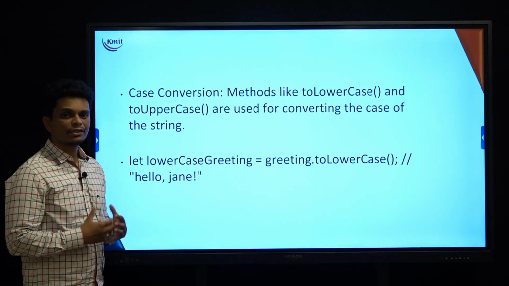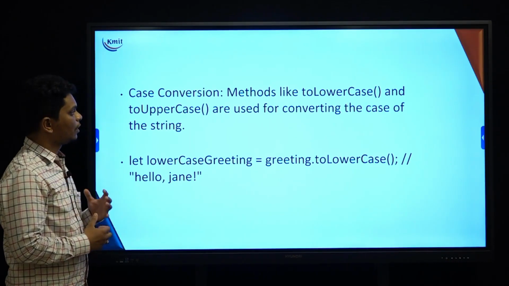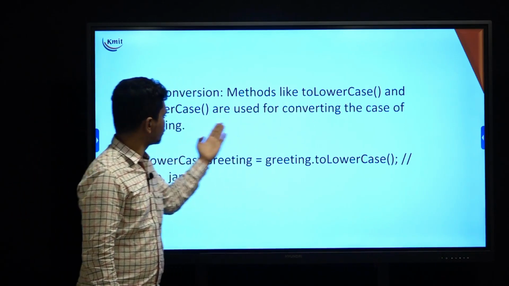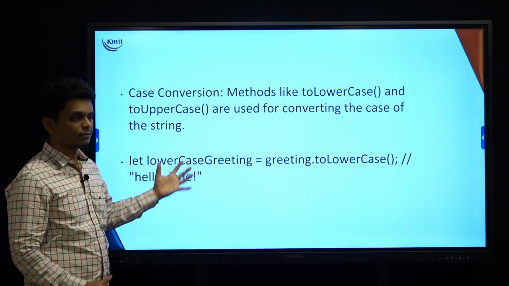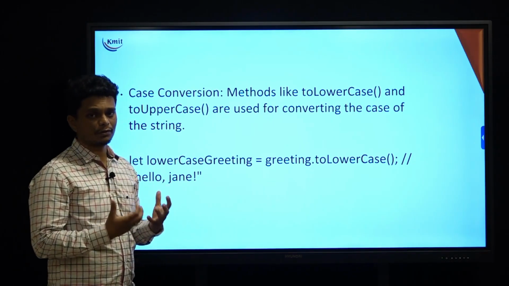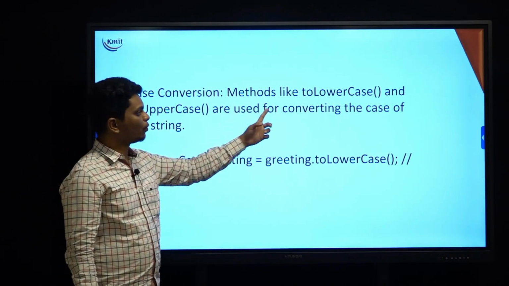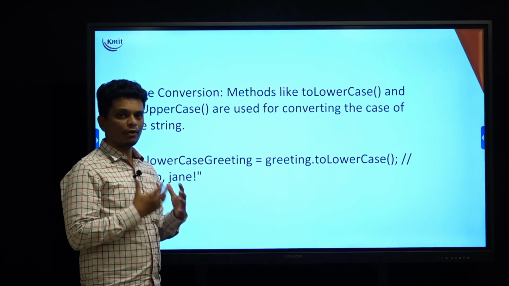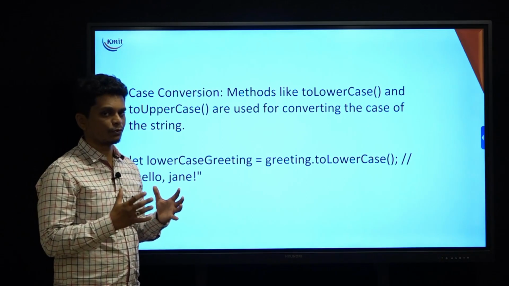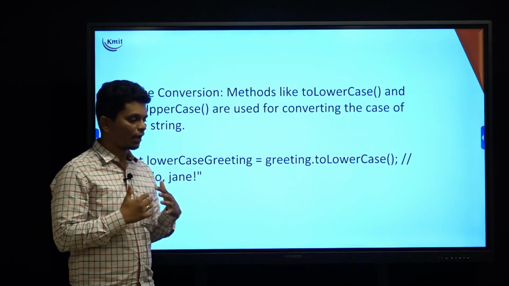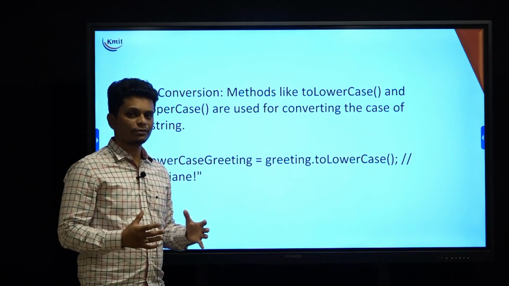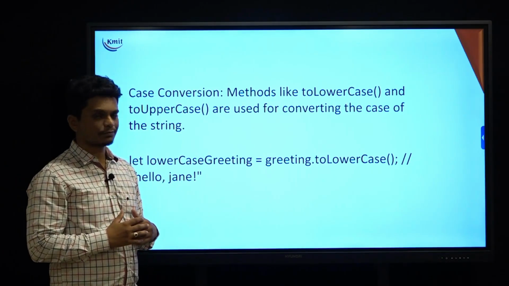Then we have case conversion. Pretty clear: toLowerCase and toUpperCase. By looking at the name you can tell what they are useful for. toLowerCase converts all the strings to lowercase, whether they are in uppercase or lowercase, and toUpperCase converts all the lowercase strings to uppercase.